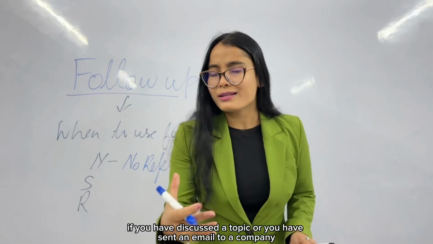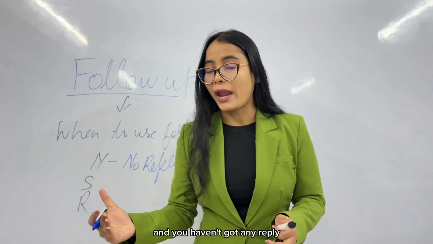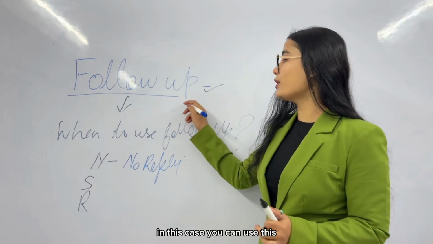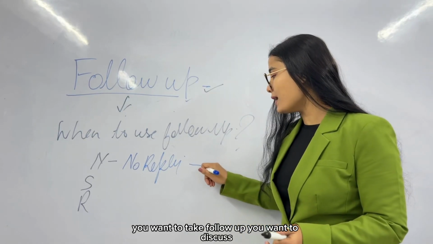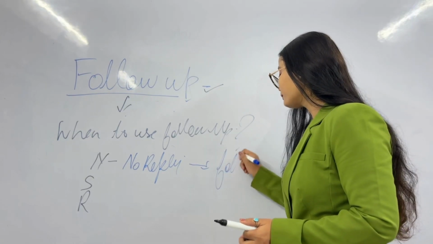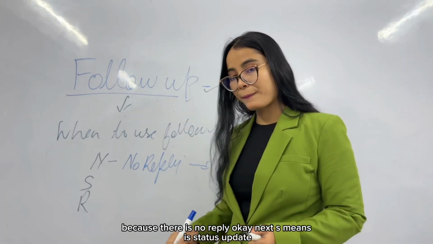If you have discussed a topic or you have sent an email to a company and you haven't got any reply, in this case, you want to take follow up. You want to discuss this topic again by taking the follow up because there is no reply.